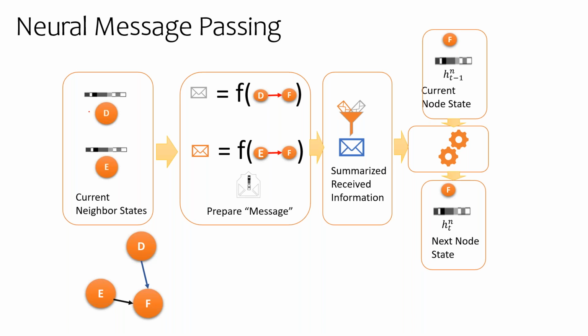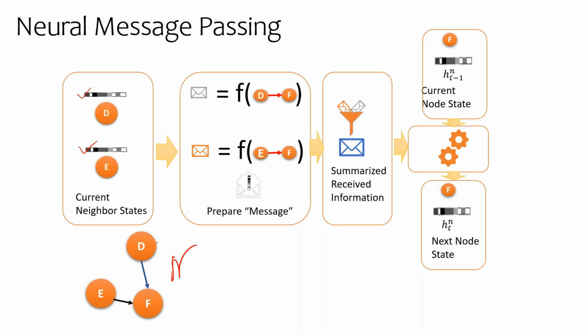So I'm taking D and E here, and that has some kind of vector representation, which I'll say is the current neighbor states. The neighbor is something we define mathematically as N, right? So F has neighbors D and E, and D has neighbor F, let's say.